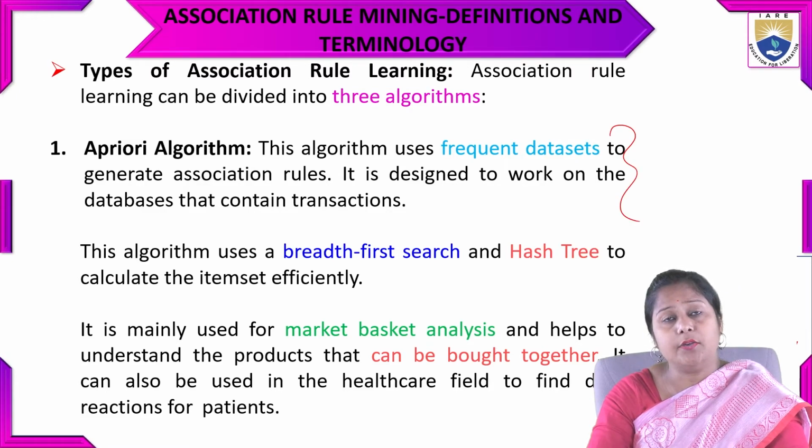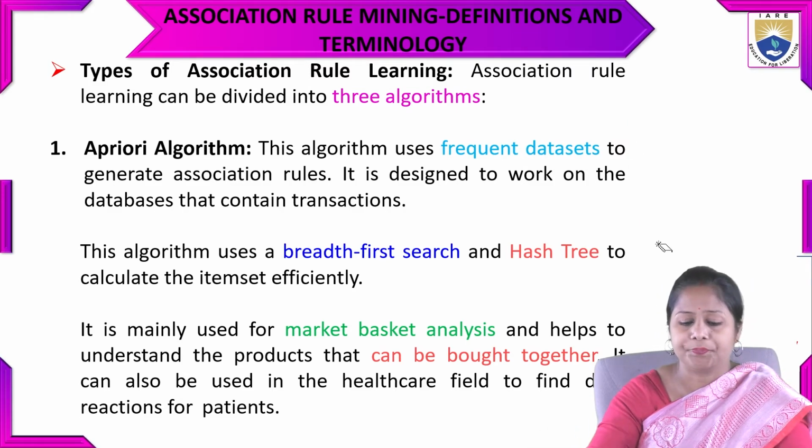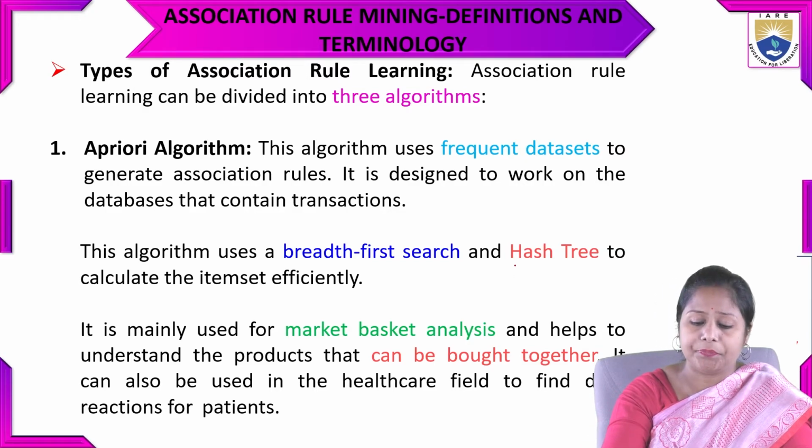It is designed to work on databases containing transactions, and it uses breadth first search and a hash tree to calculate the item sets efficiently. So when we apply the Apriori algorithm, we also apply breadth first search and a hash tree.